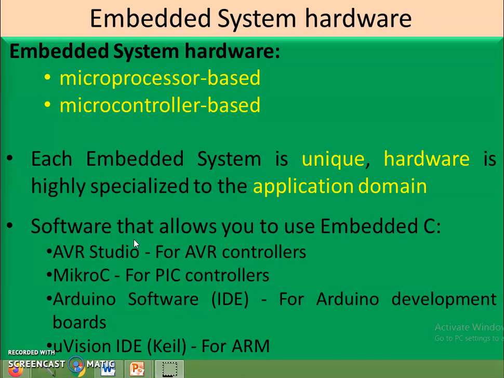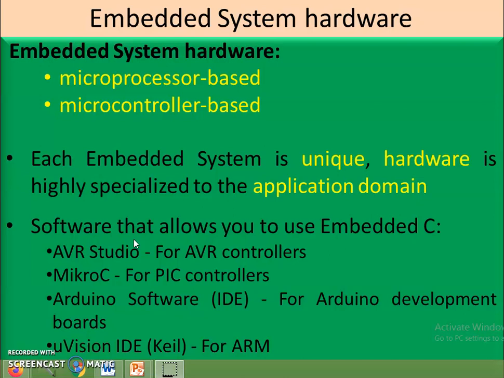For example, microcontrollers are used in the operation of vehicles, robots, medical devices and home appliances. They are present in almost every electronic device. In military applications, they are used in guiding missiles, detecting aircraft, and satellites. Each embedded system is unique.